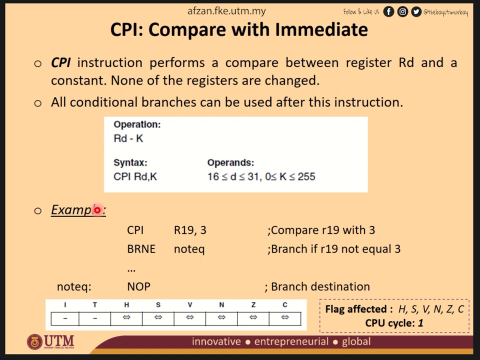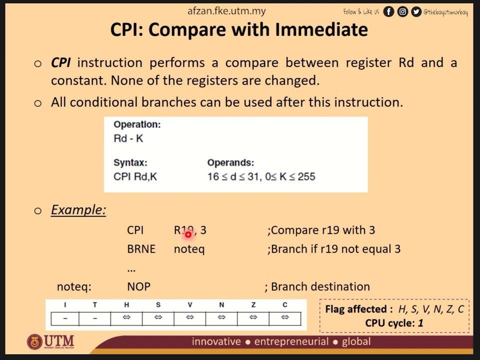For example here, you want to do CPI R19 3. You want to compare the value of R19. Is it equal to 3? Again here we use the BRNE. BRNE stands for branch if not equal.